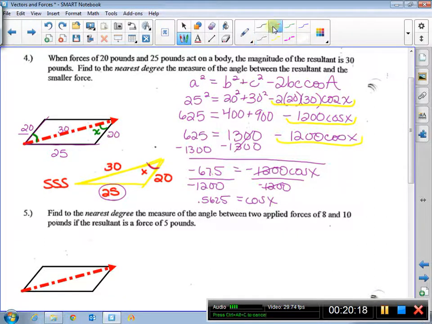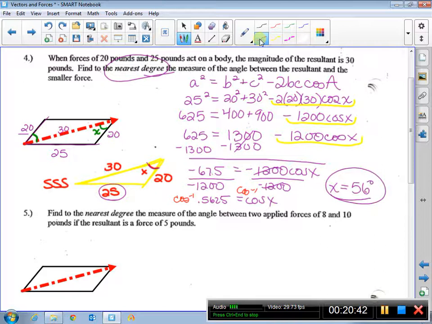Okay, to get the angle, do a cosine inverse. And x is 55.77113367. We need it to the nearest degree, so 56 degrees.